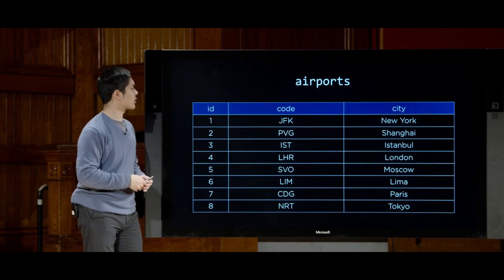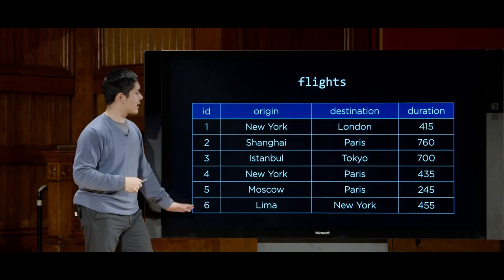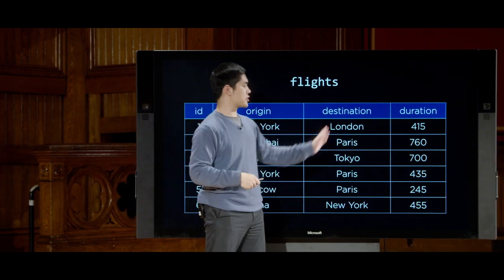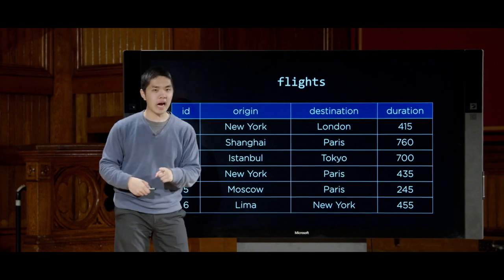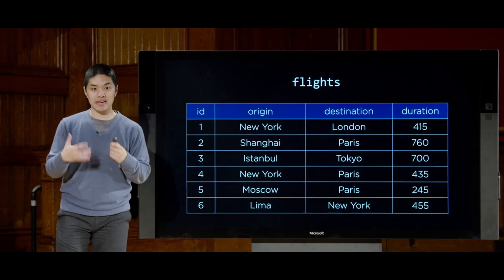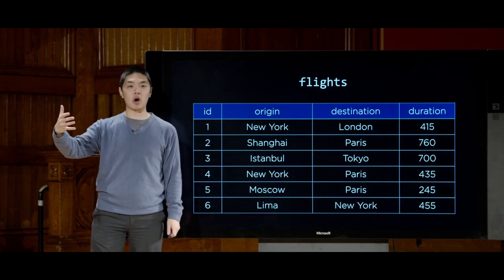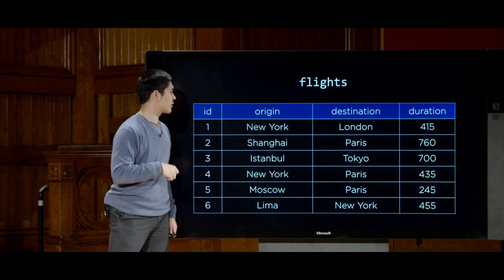And the question becomes, what happens to my flights table? My flights table here had an ID, origin, destination, and duration, where the types of origin and destination were in this case just text, text-based data representing the name of the city from which the flight is departing or to which the flight is arriving.